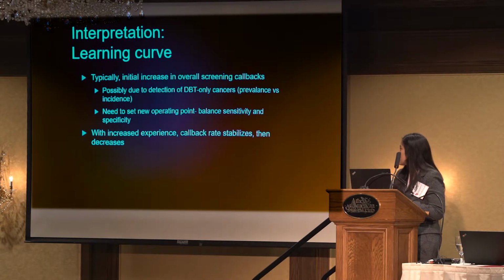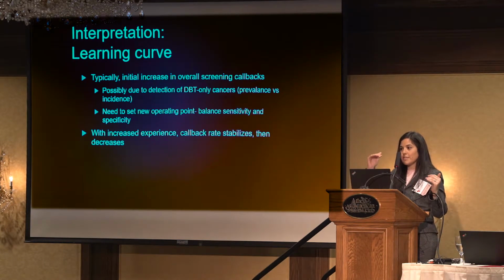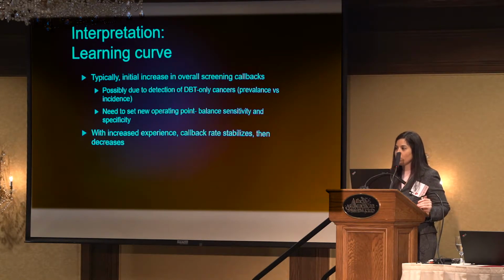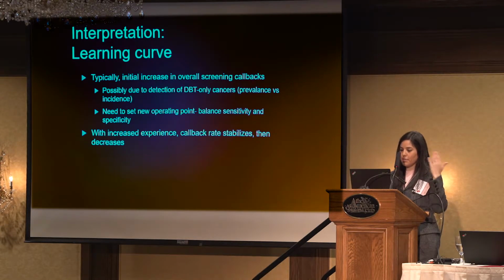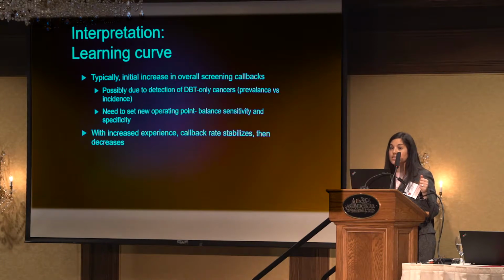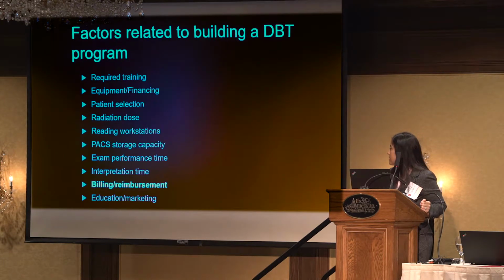And really, the learning curve is setting this new operating point, which is challenging. Balancing your sensitivity with your specificity takes some time, and they say about 500 to 1,000 tomo studies is where radiologists start to feel comfortable with their operating point. With increased experience, the recall rate stabilizes, and then eventually it will decrease, like we talked about, to a 10 to 42% decrease in recall rate for screening exams.